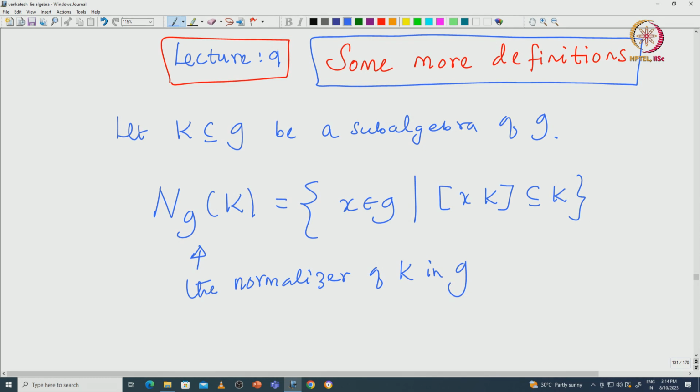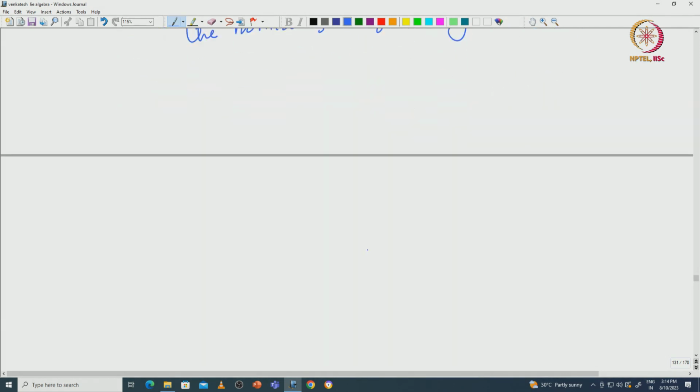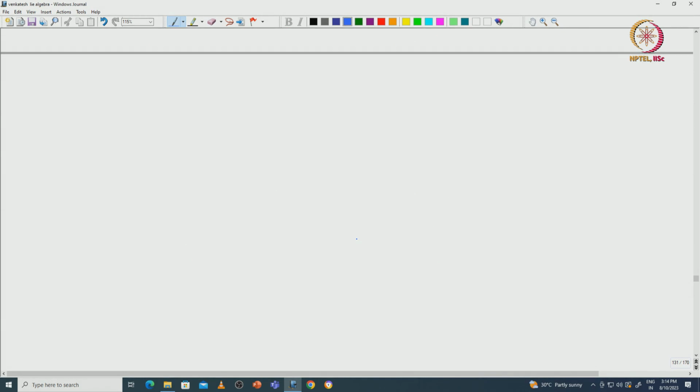Okay. So, now it is not hard to prove, this is again a subalgebra. Indeed, it is the largest subalgebra of G which includes K as an ideal. So, we will prove that. What is our claim or the proposition?